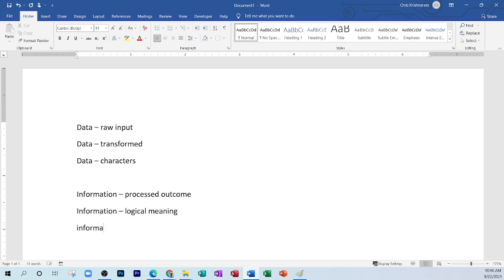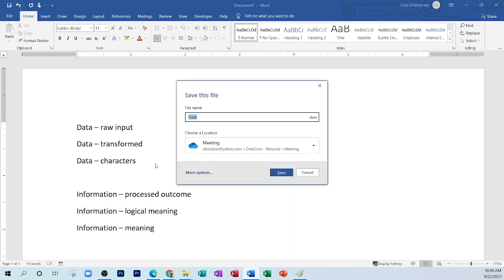Good. One more. Sir, I have information is a stimuli that has meaning in some context for its receiver. Good. So it has meaning.